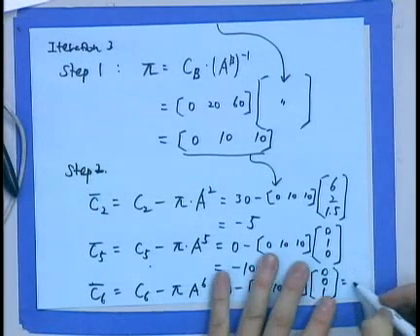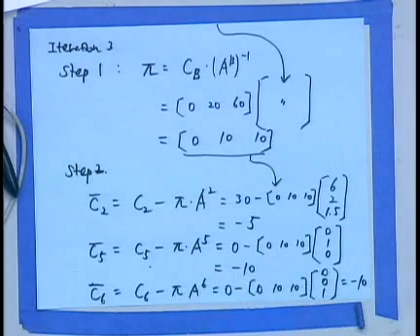And this value is again negative 10. So what is your conclusion? Because every non-basic variable has a non-positive coefficient in the objective function row, so this is the optimal. Okay?